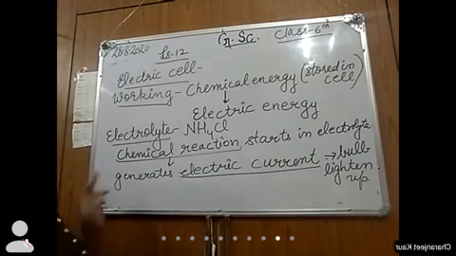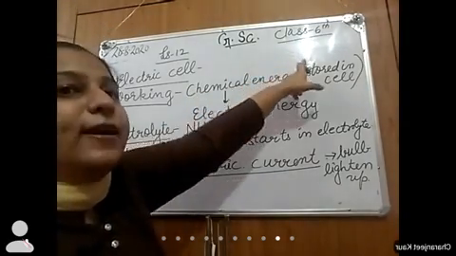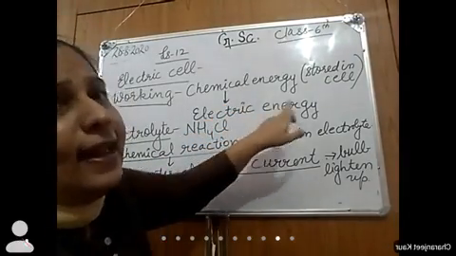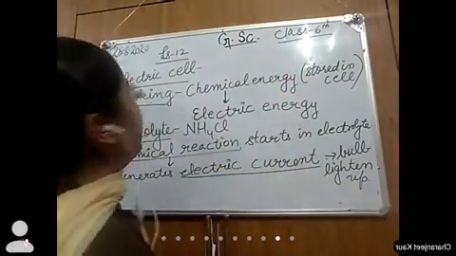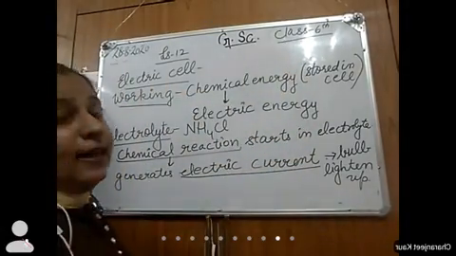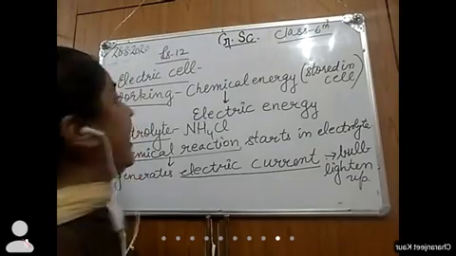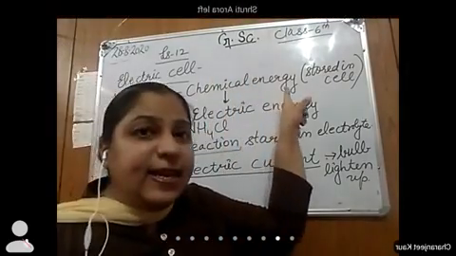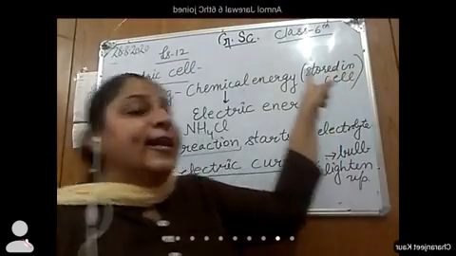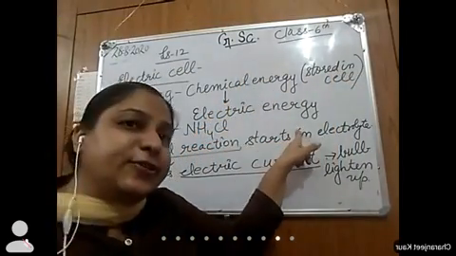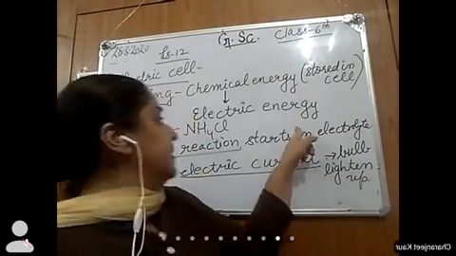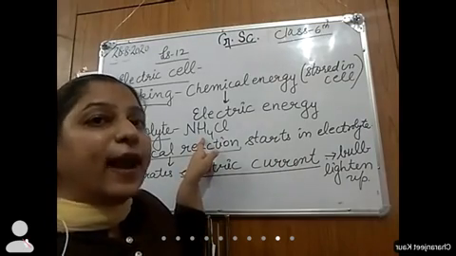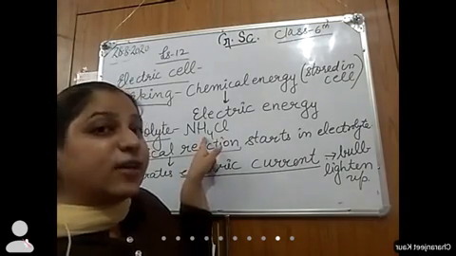The chemical energy stored in an electric cell gets converted into electric energy. This is the principle or law on which the electric cell works. The electrolyte is ammonium chloride paste, which we had already done in the construction.